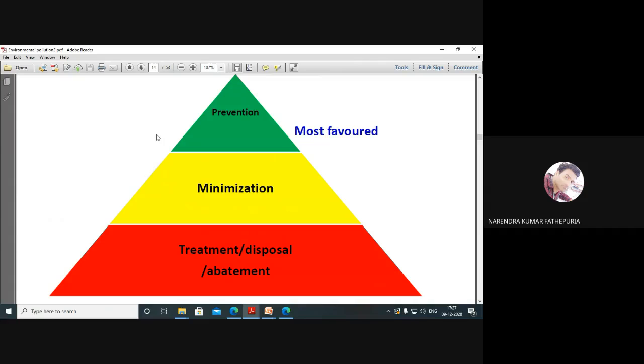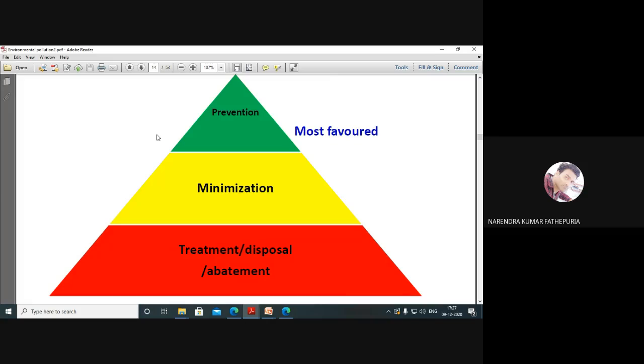For emissions from automobile vehicles, rather than depending completely on fossil fuel based vehicles, we replace the fossil fuel by using electric cars, biofuels, biodiesels, and bio CNG cars. If you replace the fuel itself, combustion will not happen in the internal combustion engine.